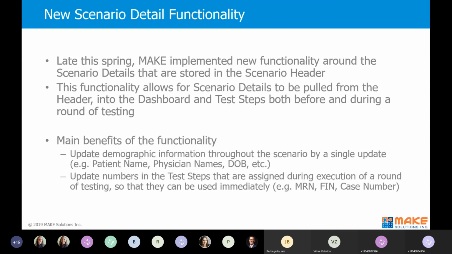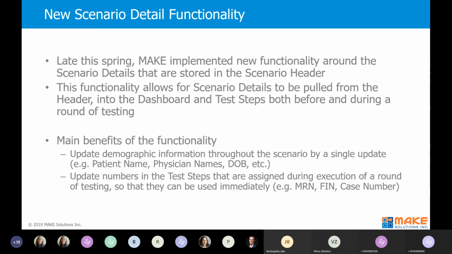So for anybody who's not aware, late this spring, we put in some new functionality into TransIT, and that functionality was with regards to the scenario headers. And what's the functionality? If people can go on mute, we're starting to get a lot of feedback.